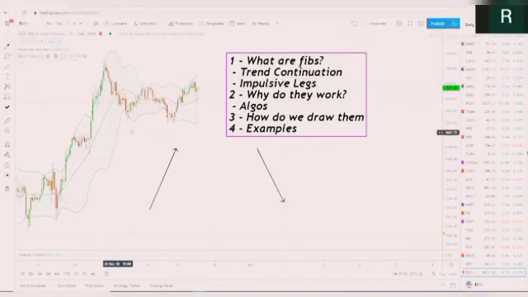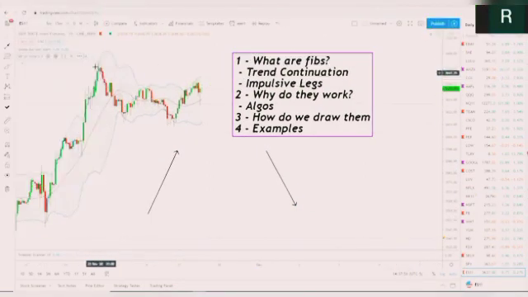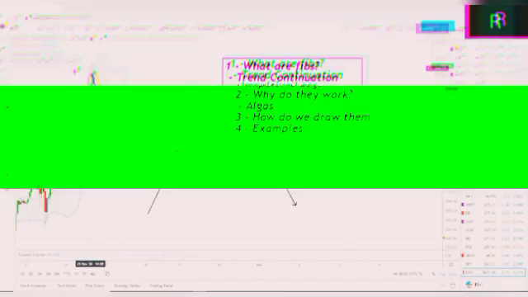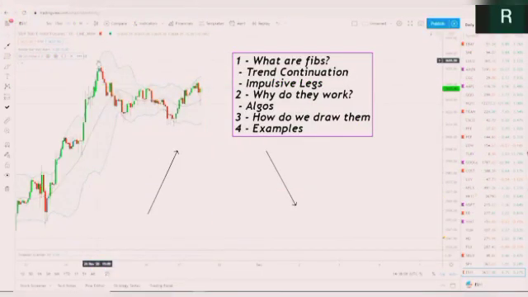So we can look at this chart that I have right here and we can say this is an impulsive leg down. We can say this is an impulsive leg up. Impulsive means that it's not in a range, it's not consolidating, it is moving in that direction with force. And we can see this with force here, okay?